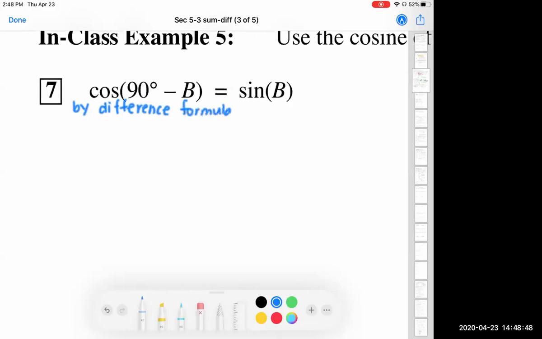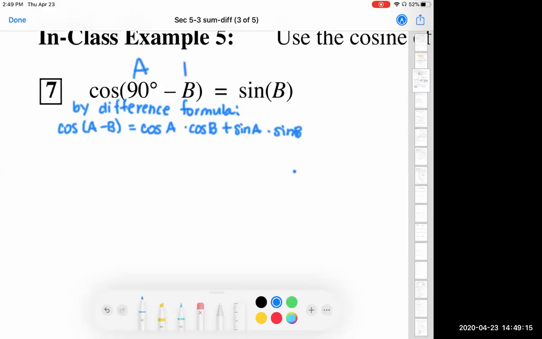And let's write that formula. So our difference formula would be cosine of A minus B is equal to cosine of A times cosine of B plus sine of A times sine of B. Let's make A 90.